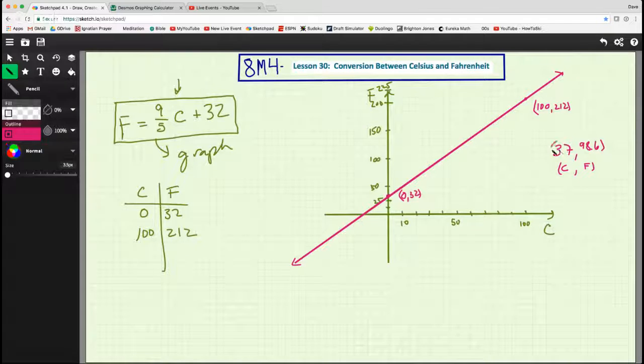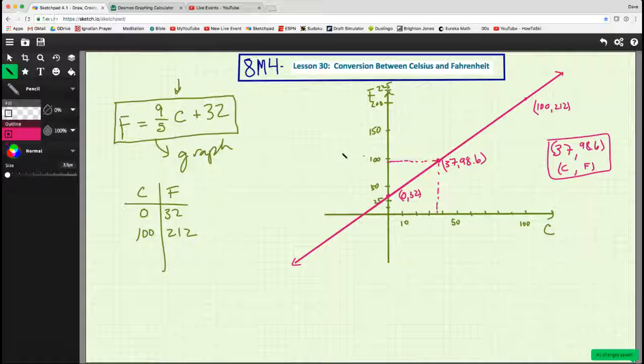So let's make sure that point exists on this line. So let's see, 37 would be right about here. And then if we go right up to here, that looks about right, because if we come down here again to 37, that's just below 100. And so here's our point, 37, 98.6.